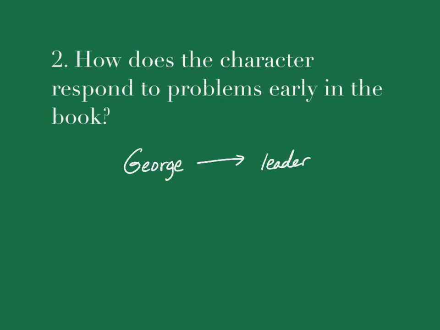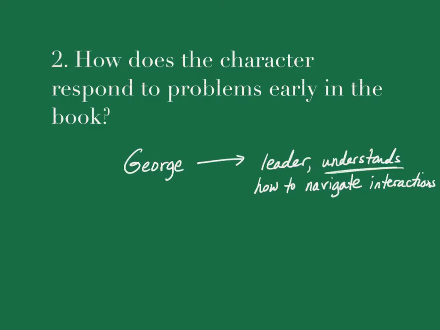First, if you didn't pick up on it already, you get the impression that George is a leader. He likes to take charge. Two, you learn that he also understands how to navigate social interactions with other people, because he tells Lenny to be quiet and he handles it himself and he does a good job. So he understands things. He knows how to get what he wants when he talks to other people.